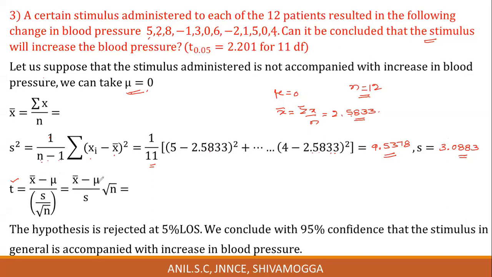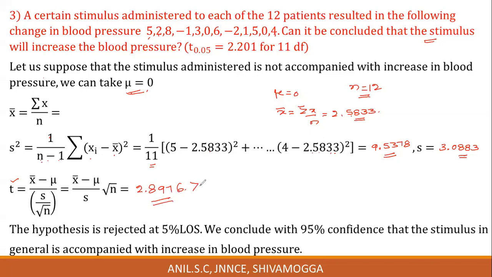X bar is 2.5833 minus mu, which is equal to 0, divided by S, 3.0883, into square root of 12. 2.8976. That's the correct answer.